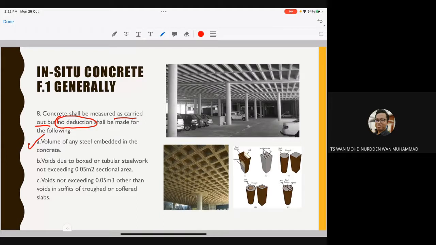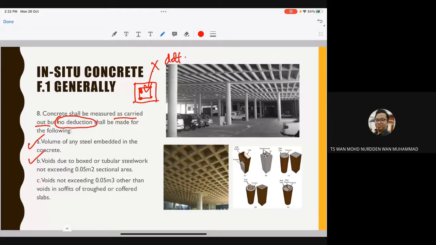Apa contohnya kita buat concrete kan, mesti kita ada reinforcement. Okay, reinforcement. So untuk volume reinforcement ni kita tak buat deduction lah, sebab dia agak kecil lah. So kat sini, volume of any steel embedded in the concrete.